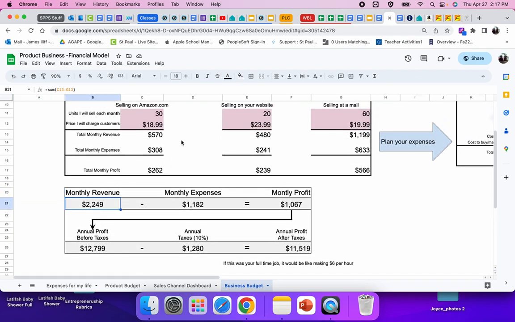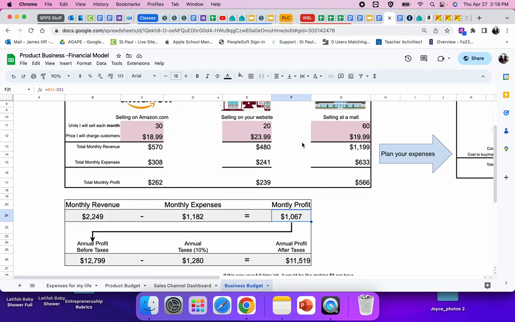If you make all of these sales across here every month, you're going to earn $2,250 in revenue. But you're also going to have $1,100 in expenses. So if we take revenue minus expenses, that's going to equal the amount of money you make in profit every single month. And so in this case, it'll be like $1,000 in profit every month if you make these sales every month.